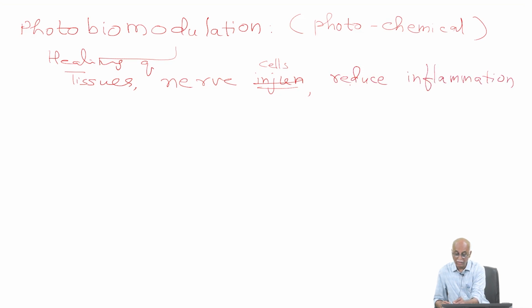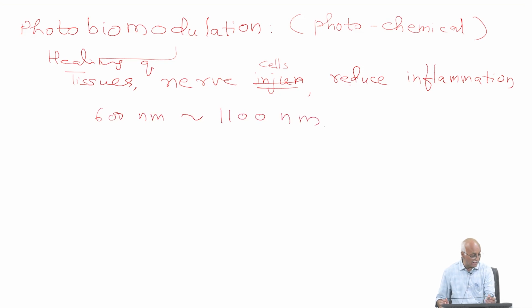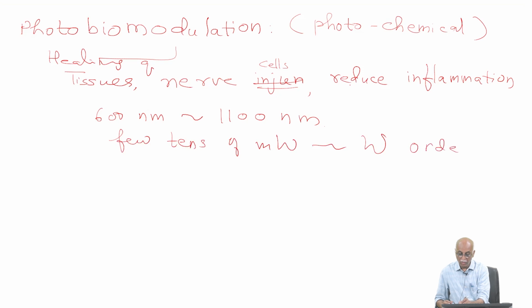Generally, the light sources we use have a wavelength range of 600 nanometer to 1100 nanometer, with a power range of a few tens of milliwatt to watt order, or in terms of intensity, 1 milliwatt per centimeter square to 1 watt per centimeter square.